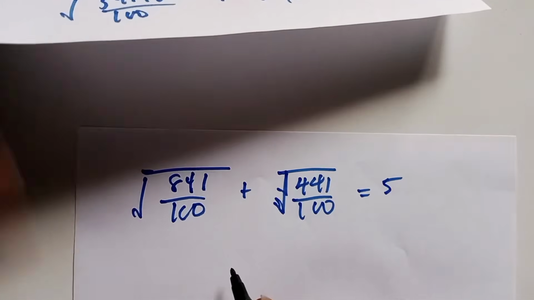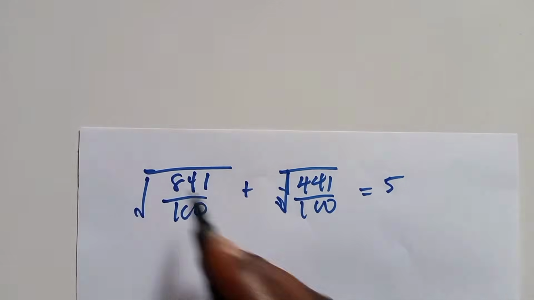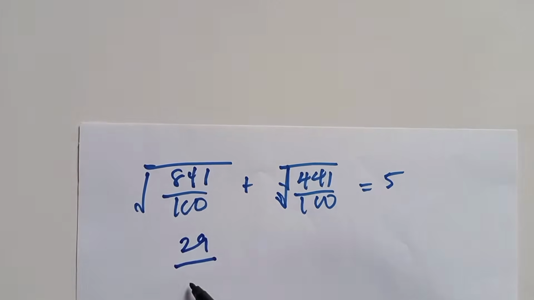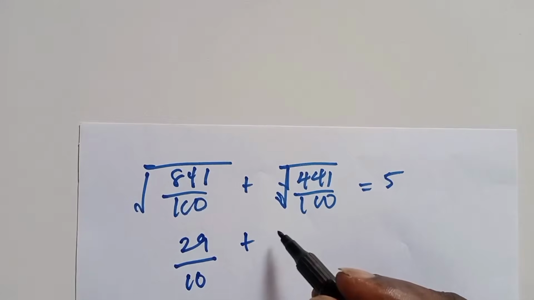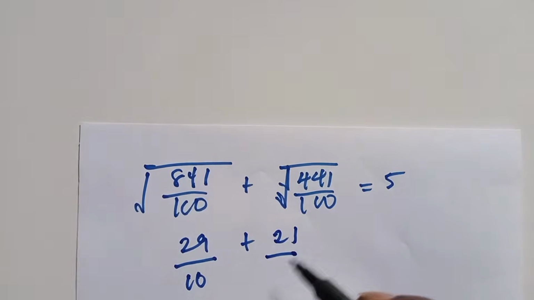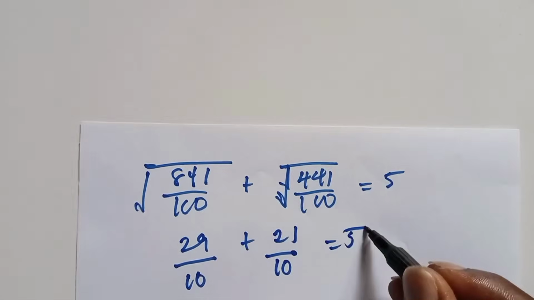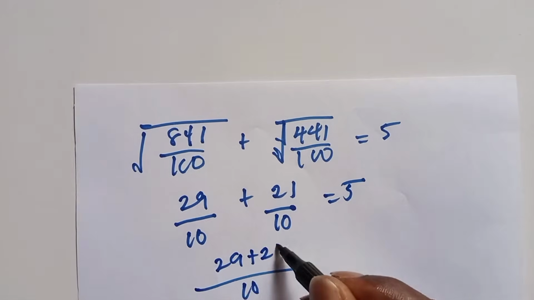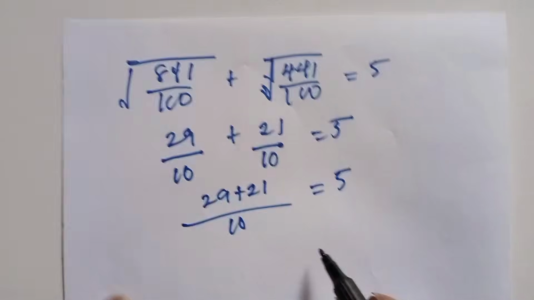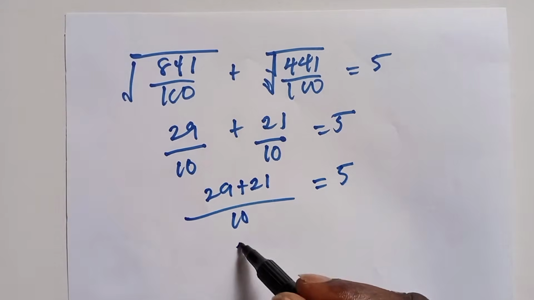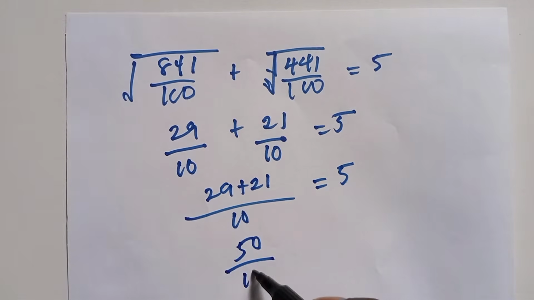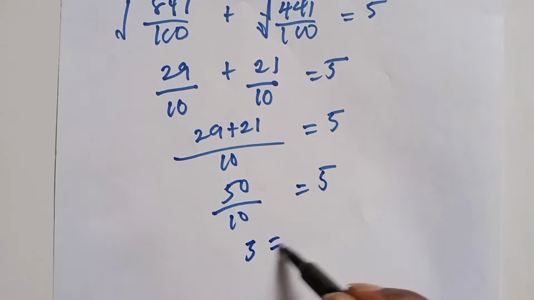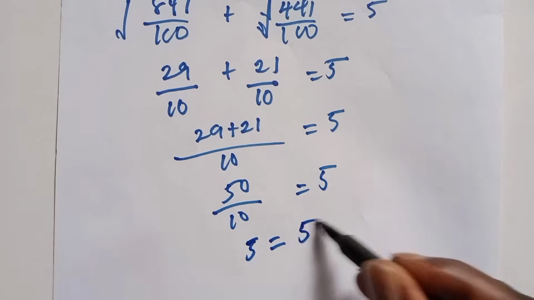So the square root of 841 is 29, and the square root of 100 is 10, plus the square root of 441, which is 21, and the square root of 100 is 10, is equal to 5. Now this becomes 29 plus 21, which is 50, divided by 10, is equal to 5. Now this is 5 is equal to 5.